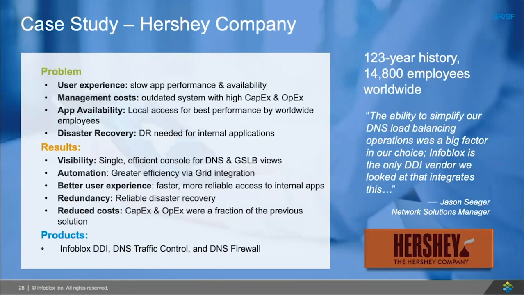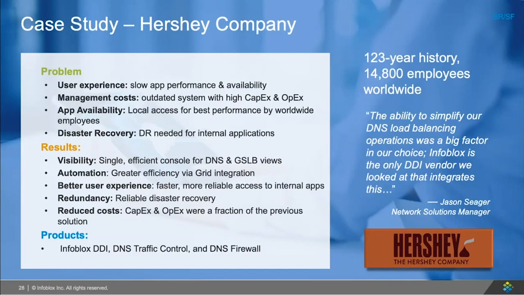Yeah, I like the Hershey case story. It's a pretty sweet one. They were looking to implement new DNS and DHCP corporate wide. Jason Seeger, who's the network architect manager there, said he selected Infoblox in part because he wanted both an integrated DDI and GSLB solution.